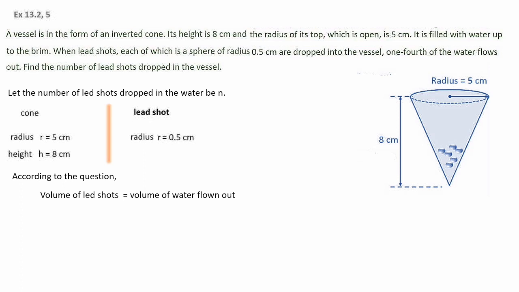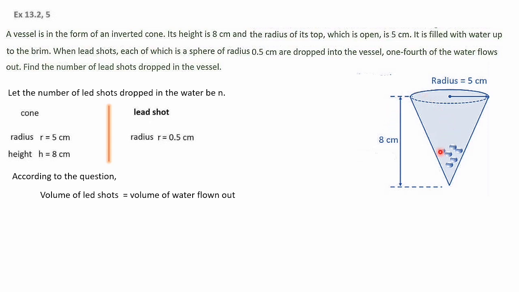As I mentioned before, water is filled up to the brim and there is no free volume inside, and when there are a number of lead shots dropping in, the same volume of water will go out. So that is what is mentioned: volume of lead shots is equal to volume of water flown out. Here volume of lead shots, that means it is spherical in shape, and volume of water flown out is the water inside the conical vessel.